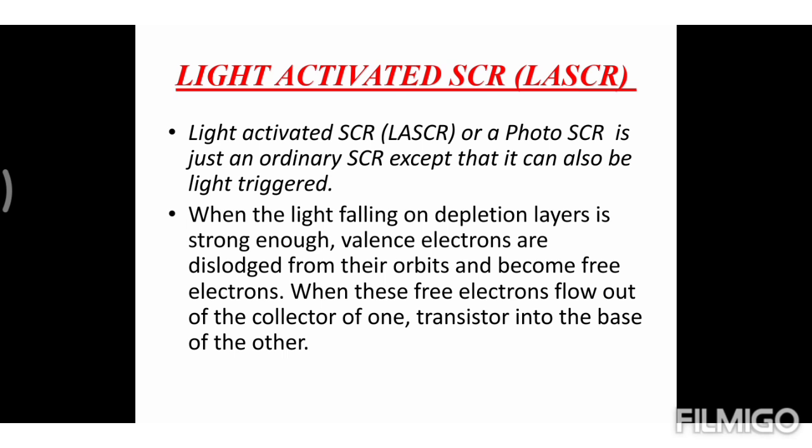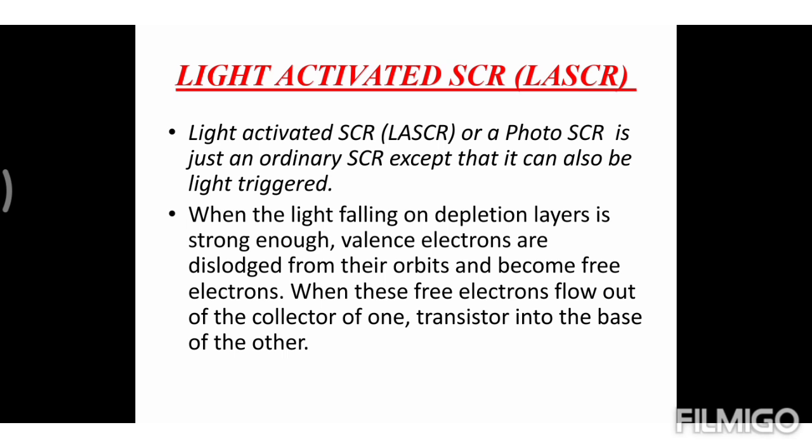When light falls on the depletion layer, it is strong enough to dislodge valence electrons from their orbits and they become free electrons. That means when we apply light on the outermost orbital electrons, they get sufficient energy to escape from the orbital.